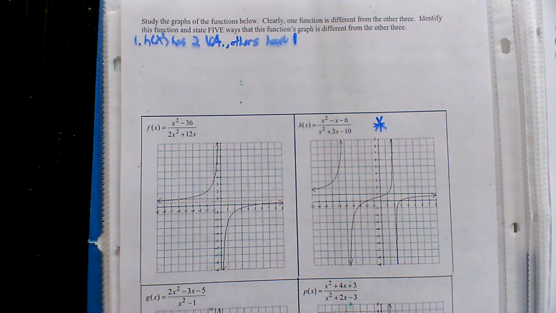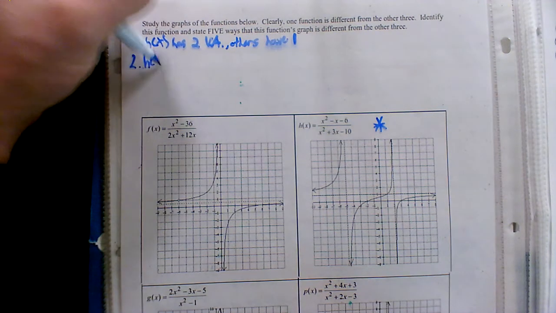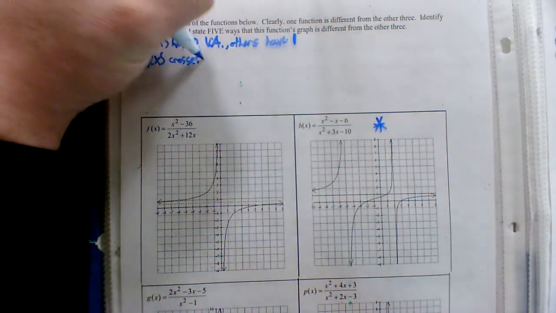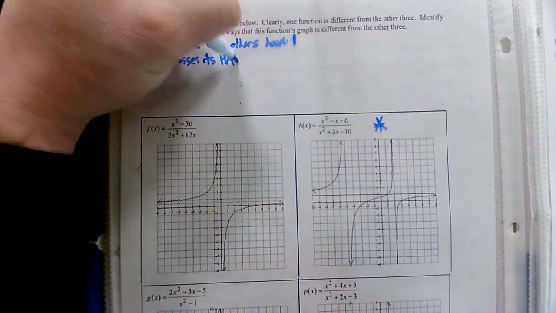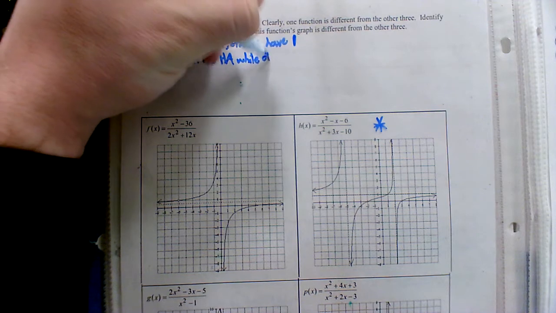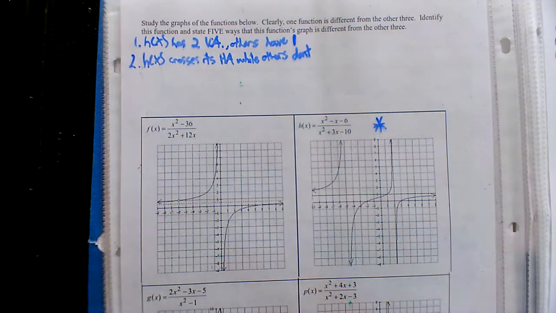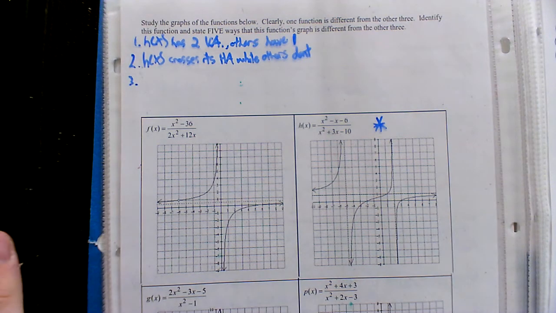The h of x. Yeah. So h of x crosses its horizontal asymptote while the others don't. So number 2, h of x crosses its horizontal asymptote while others don't. Okay. Very good.